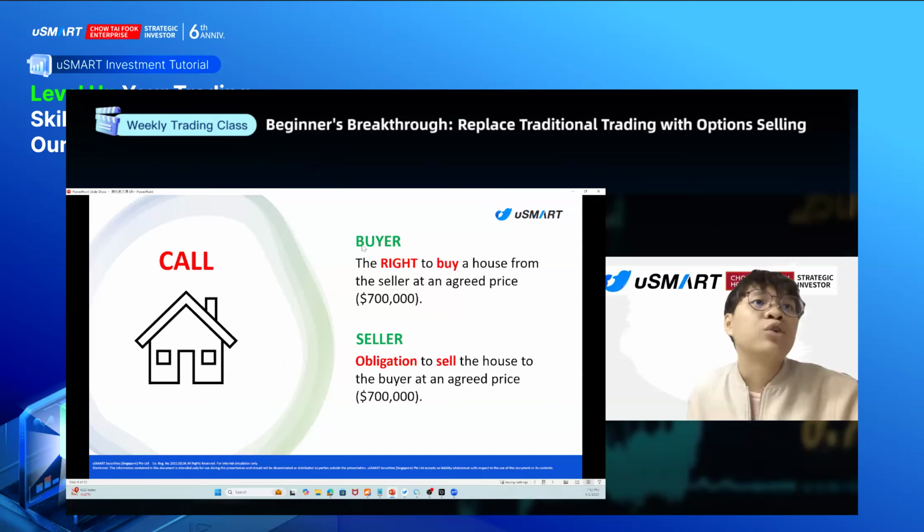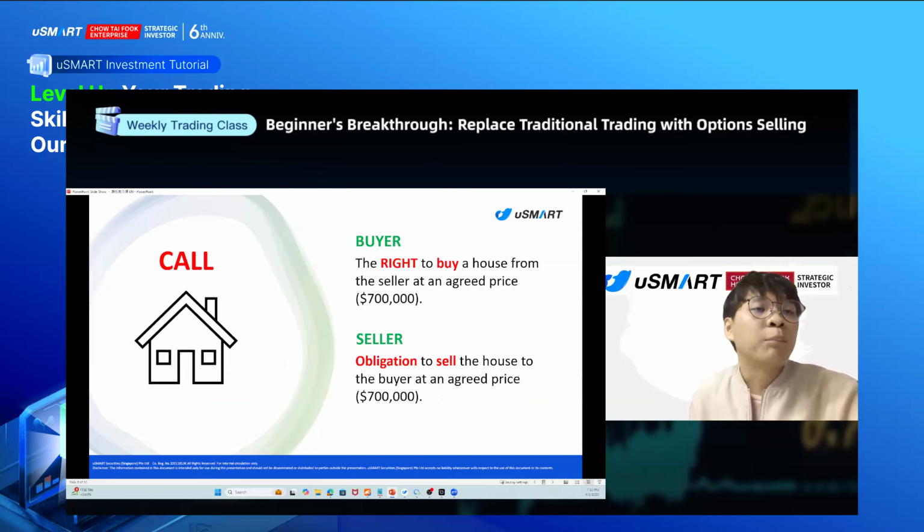You as a buyer have the right to buy a house from the seller at an agreed price, let's say 700,000. And the seller will have the obligation to sell the house to the buyer at that agreed price, which is the same as the buyer's.